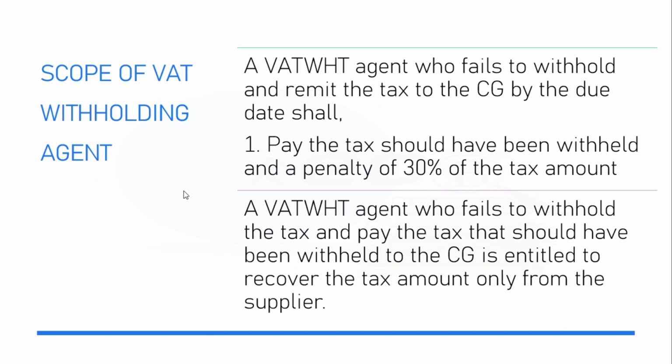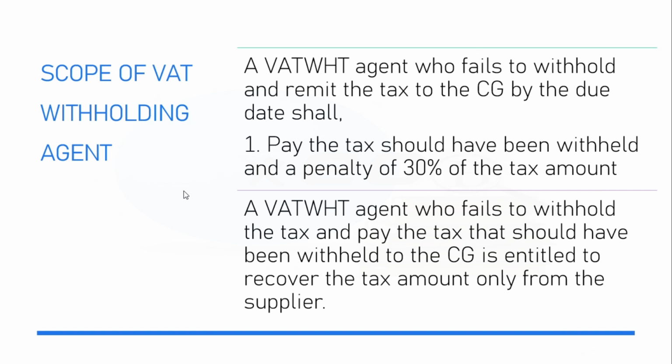But in the next supply, or maybe whatever the case may be, you can recover the amount you failed to withhold from the supplier, and then you issue the certificate to the supplier. But for the penalty, you cannot do that. That's on you. You would have to pay that yourself.